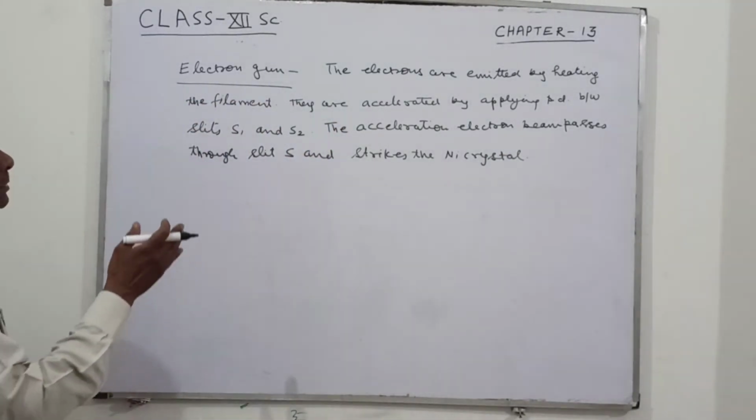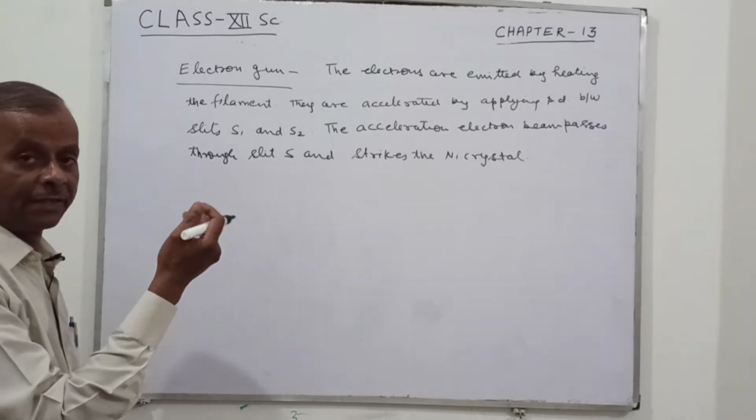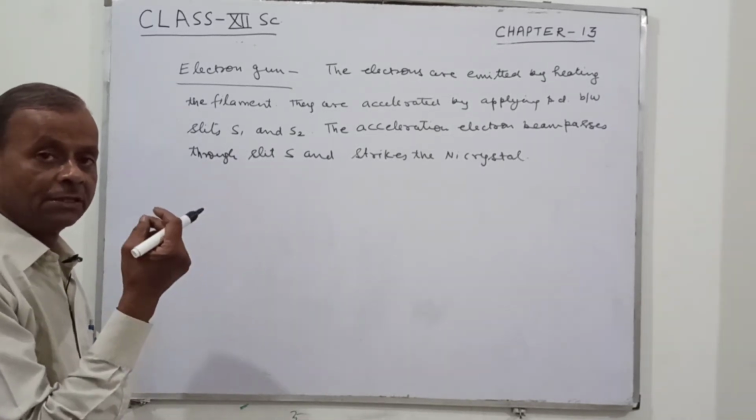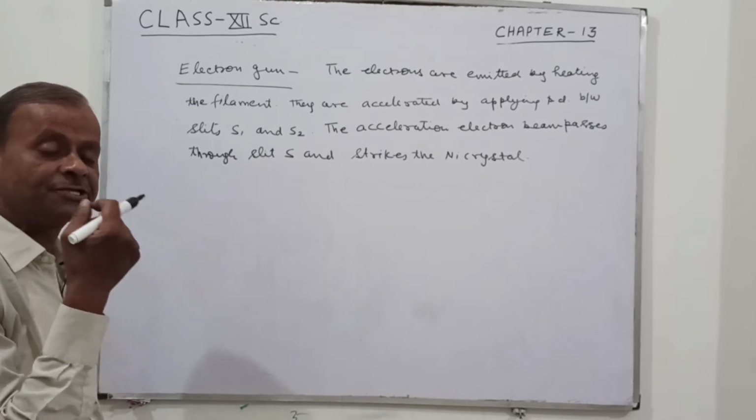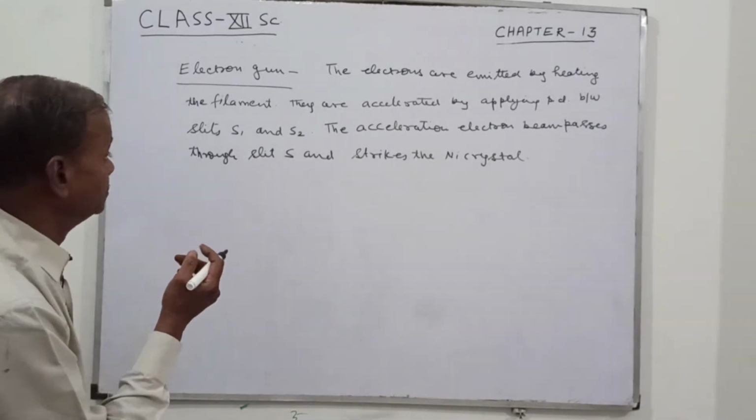So this is the electron gun. The main thing is that the electrons should be emitted and they must be accelerated. This is the meaning of gun.